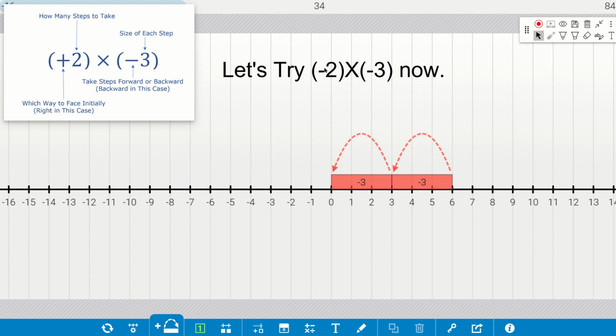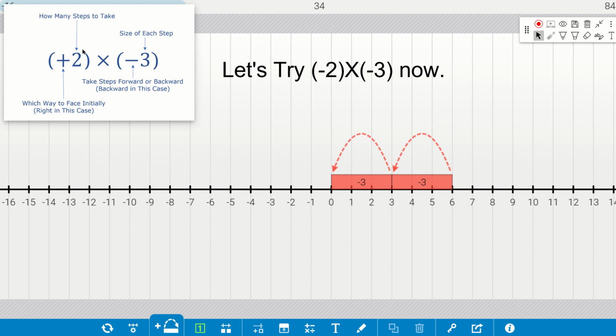We're going to take 2 steps of size 3, and notice that starting at the origin, we're going to take steps backward again. So this time we're facing this way, so backward would be going this way. See, that's why the direction you're facing initially is important, because when you're facing the left, going backward actually ends up going this way, right? So where you stop right there at 6, that's going to be your answer. So that's how you end up with positive 6.